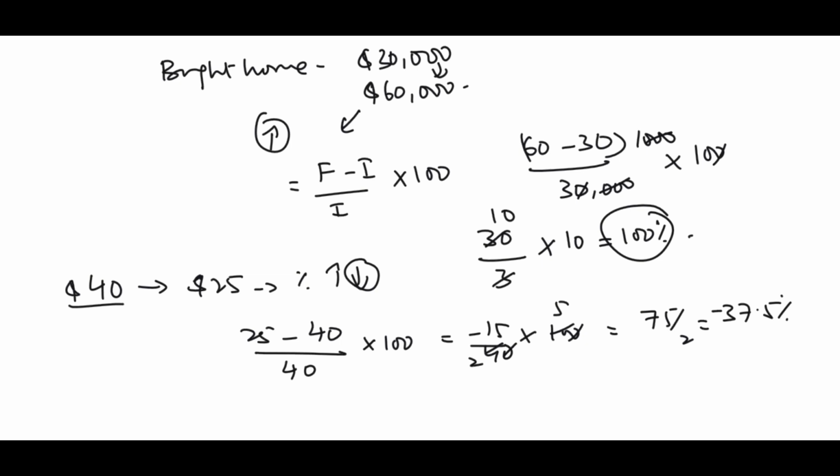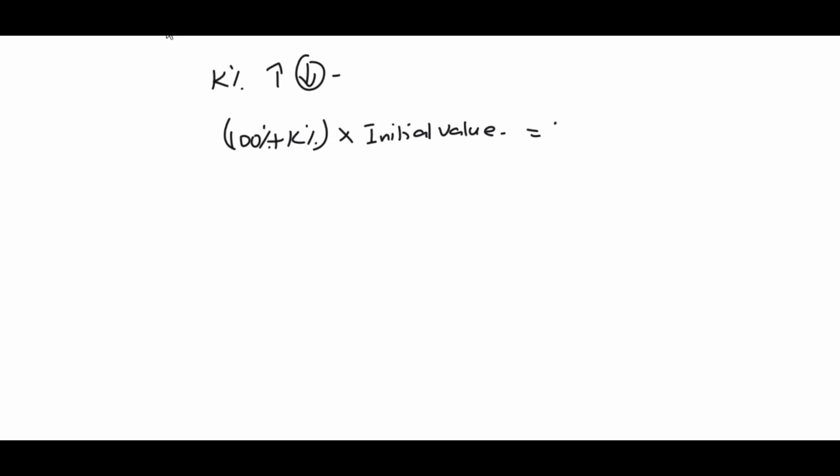I hope you guys are understanding that this is a percentage decrease. Now they have made some variable versions. For example, if there is a k% increase or decrease, how would you solve it? We simply do 100% plus k% multiplied by the initial value, or whatever the value is, to find the final increased value.